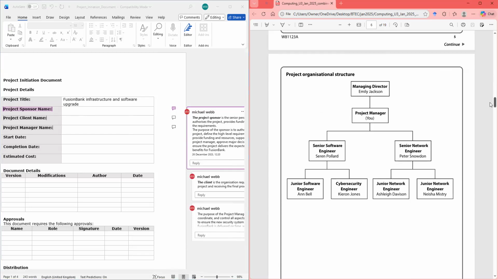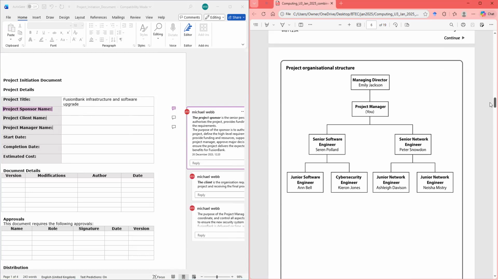So I usually use both that and the project organization structure to get to say who is the sponsor. And Emily Jackson would be your sponsor. So all I have to do is just copy and paste it. In this case, I'll just copy and paste it.